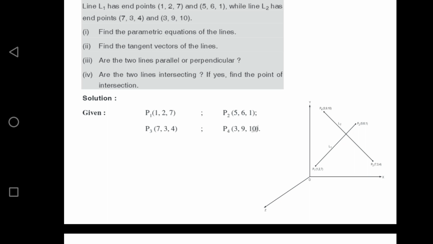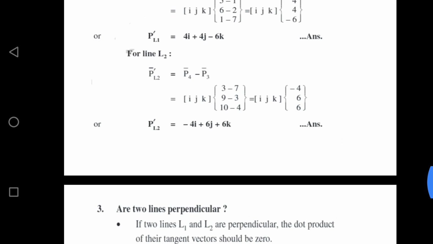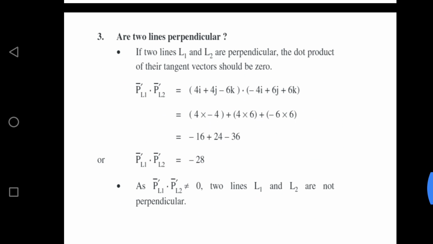So we can directly conclude these two lines are not perpendicular, but we have to prove it. Mathematically, if two lines are perpendicular, the dot product of their tangent vectors should be 0.